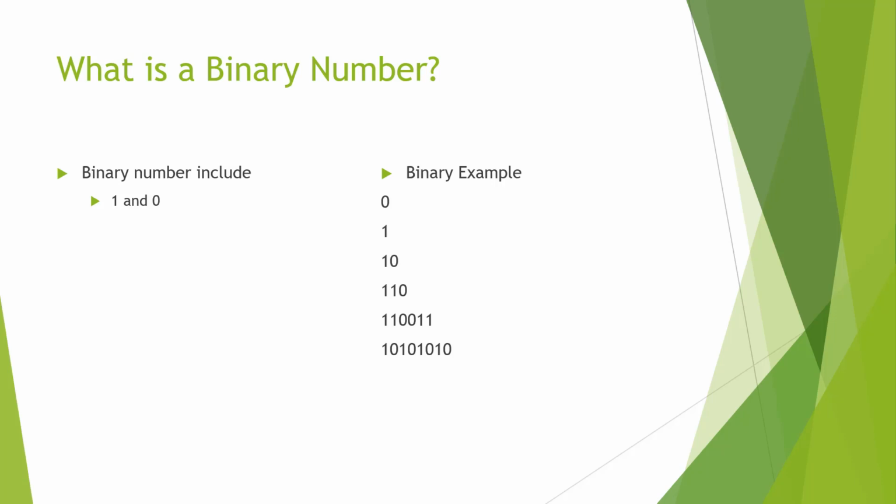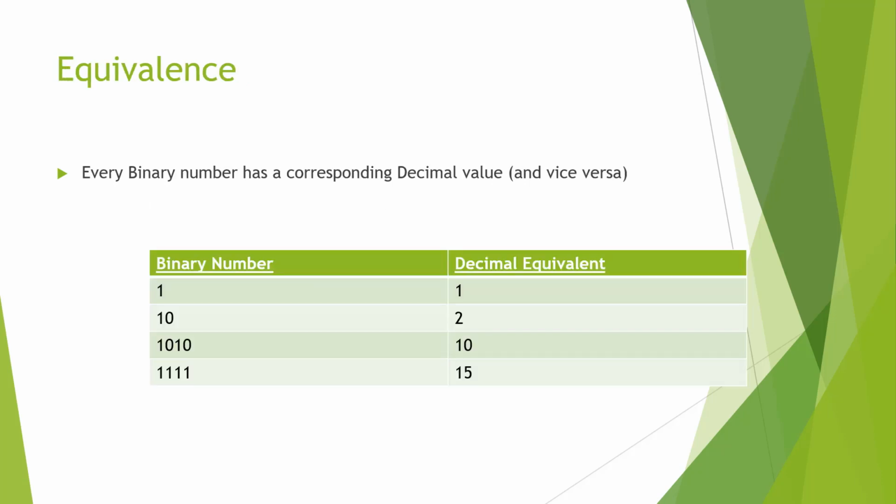Binary uses just the numbers 1 and 0. So if we're talking binary, there's never a 2 or 4 or a 5. Binary is just ones and zeros. It is important to understand that the number 1 in binary doesn't always equal the number 1 in decimal.